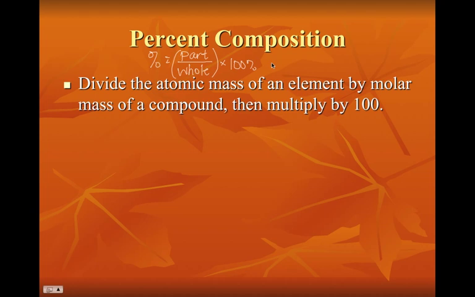And so in this case, our part is going to be the mass of an individual element. And the whole thing is going to be the mass of the compound. And then, of course, we still multiply that by 100. And that gives us the percent composition of a particular element in a compound.